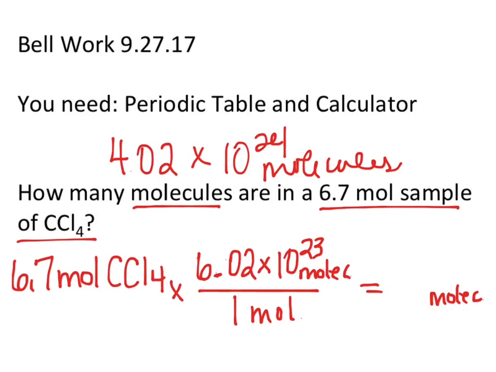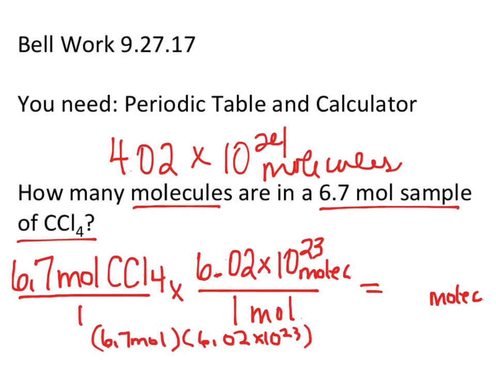All right, so I want you guys to look at this. This is over a naked 1, okay? And this is just like multiplying fractions. So what we're doing is we have 6.7 moles times 6.02 times 10 to the 23rd, all over 1 times 1 mole.